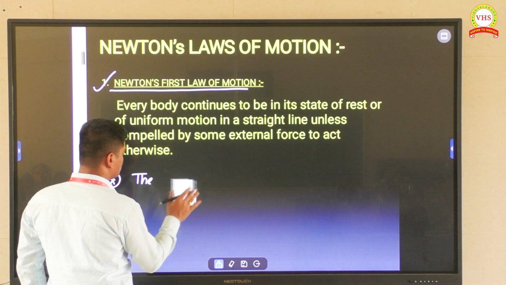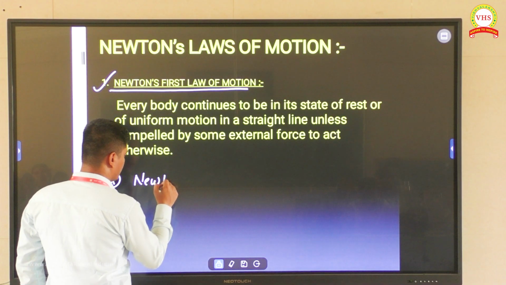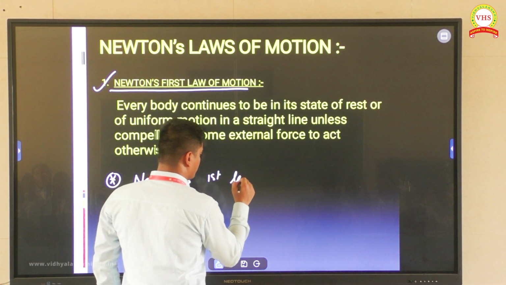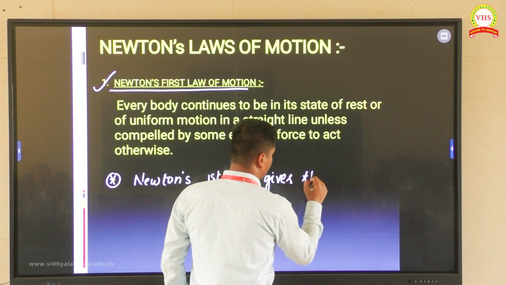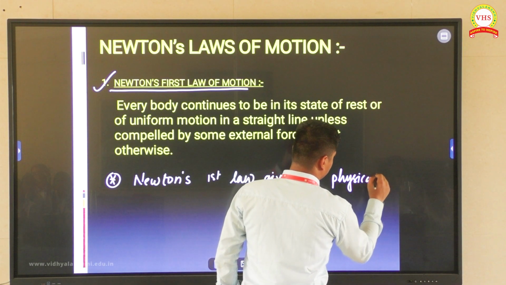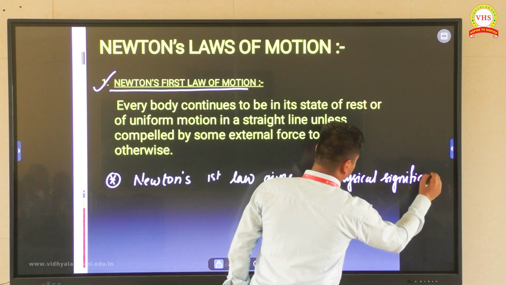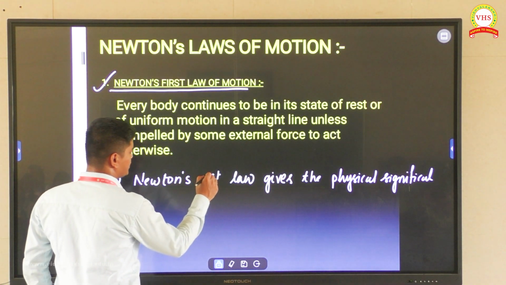Newton's first law gives the physical significance of force. So if you ask which law gives the physical significance of force, remember which law it is?